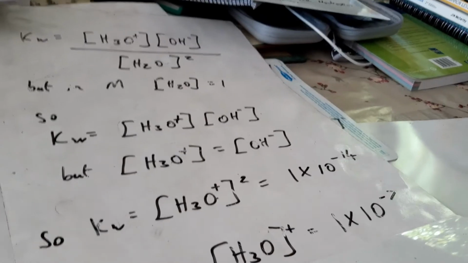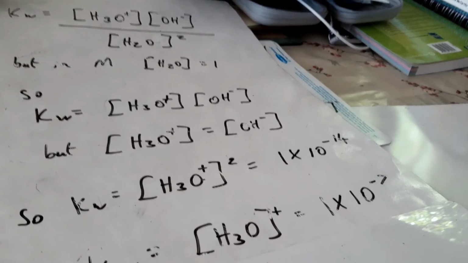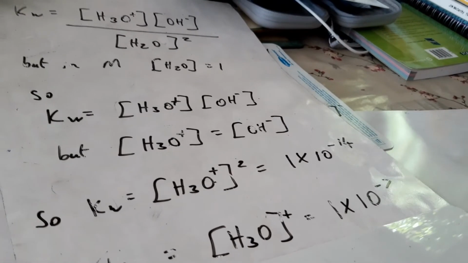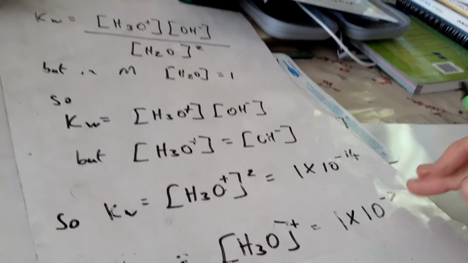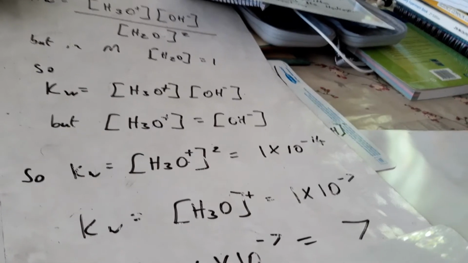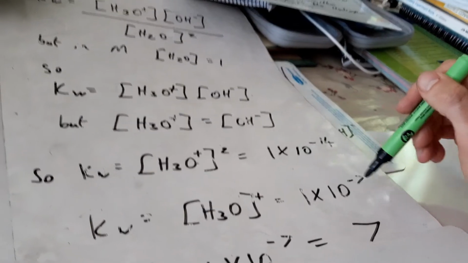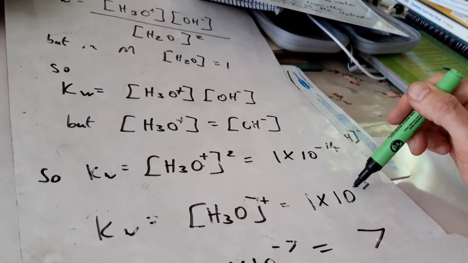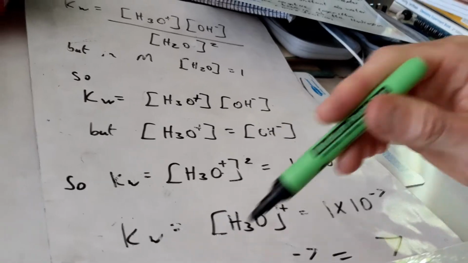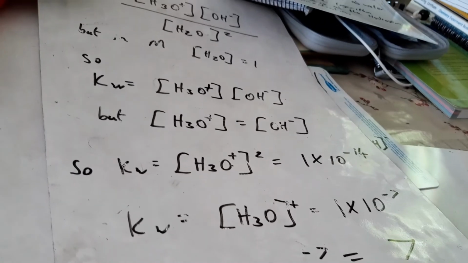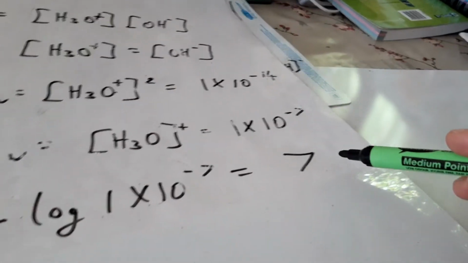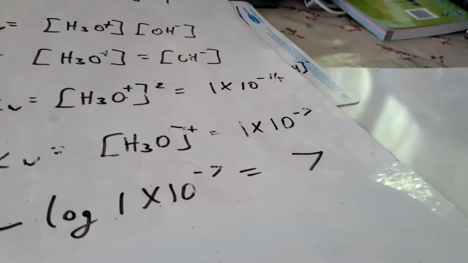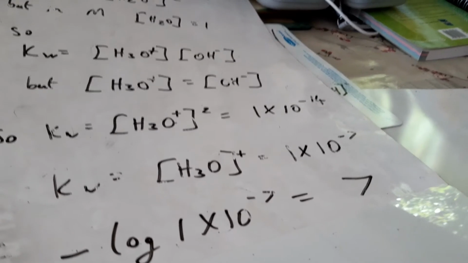Obviously, it's very small. So oftentimes in maths and in science, when we're using very large and very small numbers, we use a log scale. We've mentioned this before. You may have done this in maths. And to make life easier, we use a minus log scale because this is such a small number. We're using minus integers there. So when we get minus the log of 1 by 10 to the minus 7, the value that we get is 7, which is obviously a nice, easy, handy, round number for us to use.